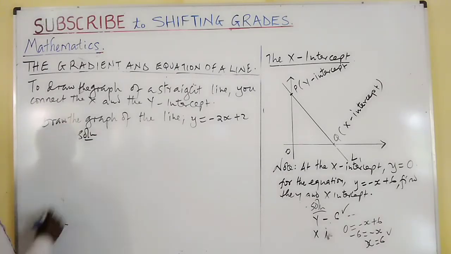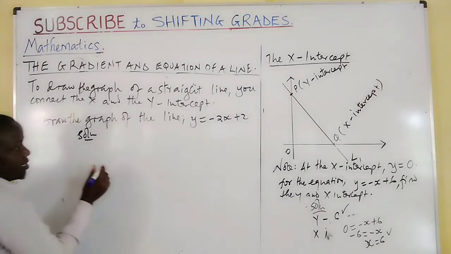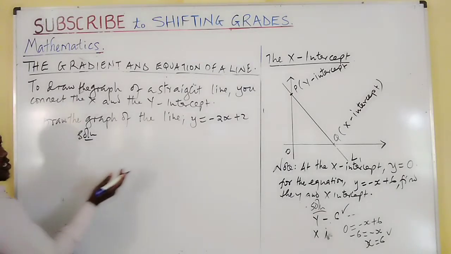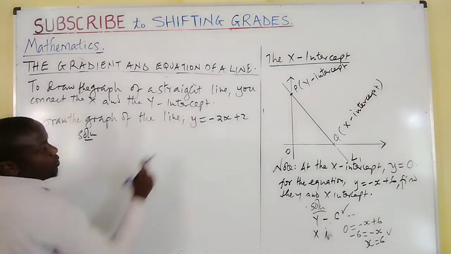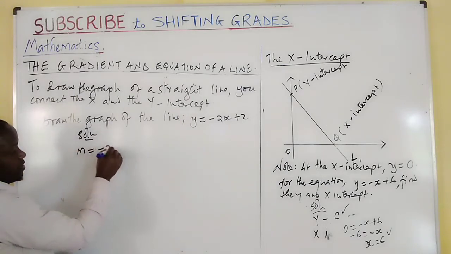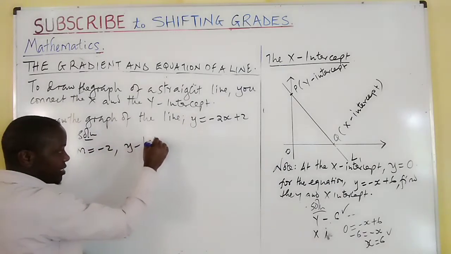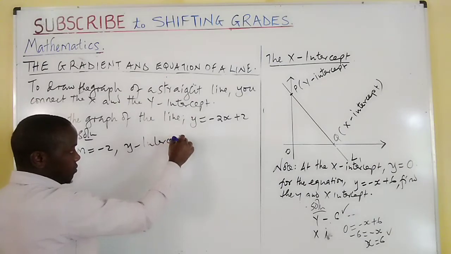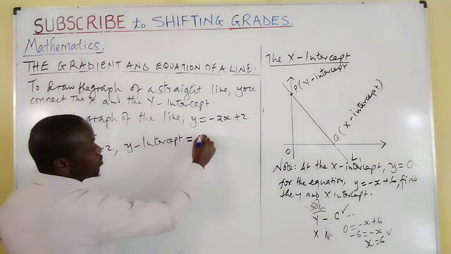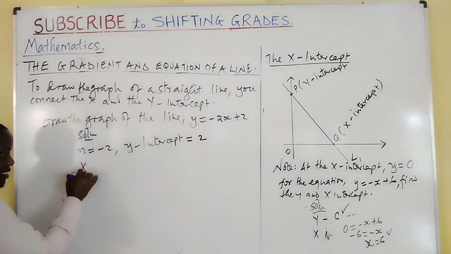Solution. So in this case, the gradient of the equation is -2. The coefficient, so the gradient is -2, and the y-intercept is equal to 2.